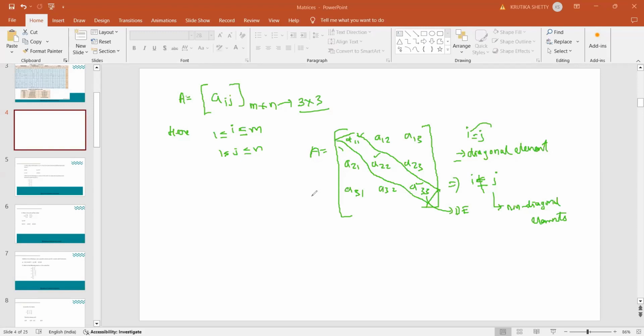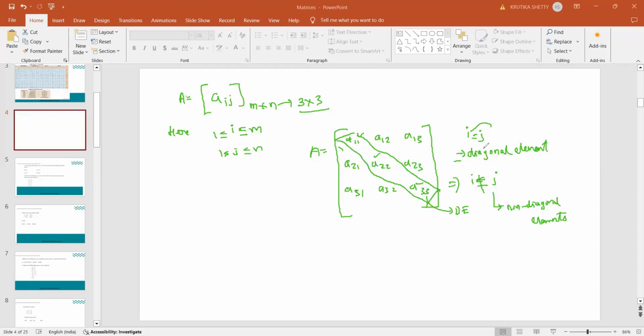With this introduction of matrices, just remember, make a note. I will dictate it. i is equal to j, diagonal elements. i not equal to j, non-diagonal elements. These 2 points you need to note.